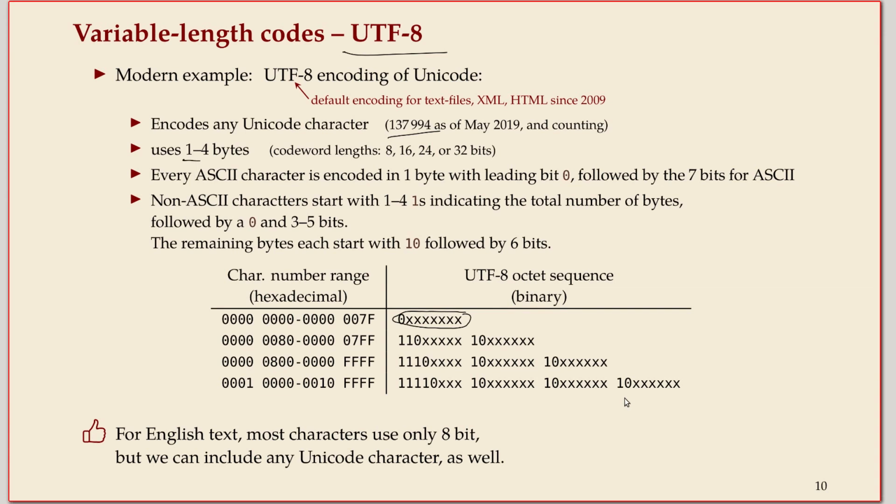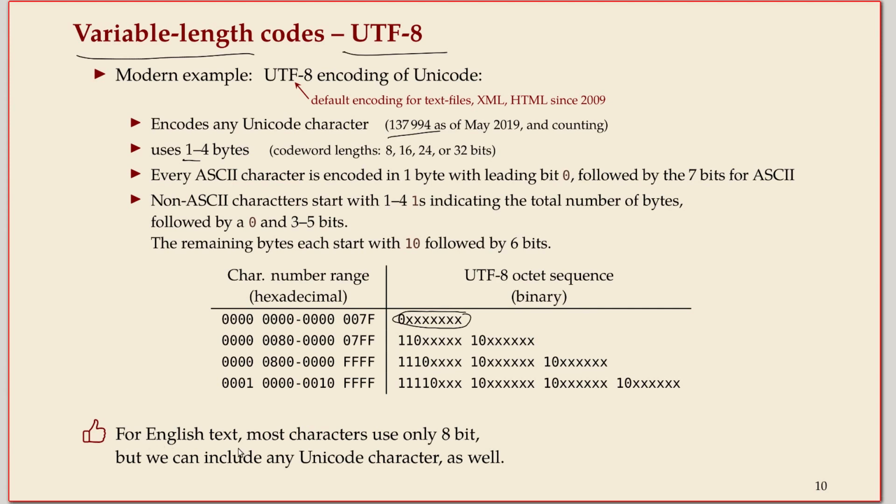The details of this are not relevant. I included them just in case you're curious how UTF-8 actually works. I left this in. The details are not part of the material for this class, but I think it's important to know that UTF-8 really is a variable length code.